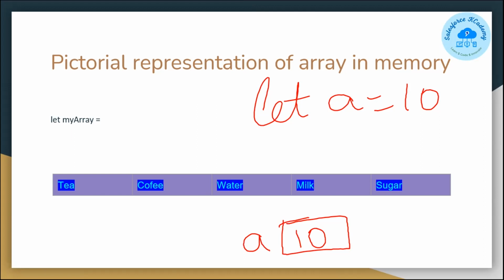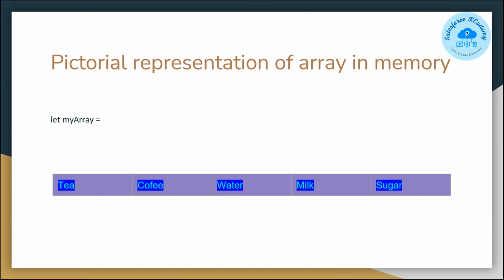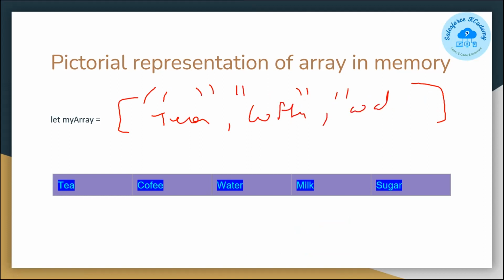This is the concept of variable declaration, variable initialization, and computer memory. Now, similarly, if you declare any array, like here, let my array equals tea, then the second string is coffee, then the third string is water.